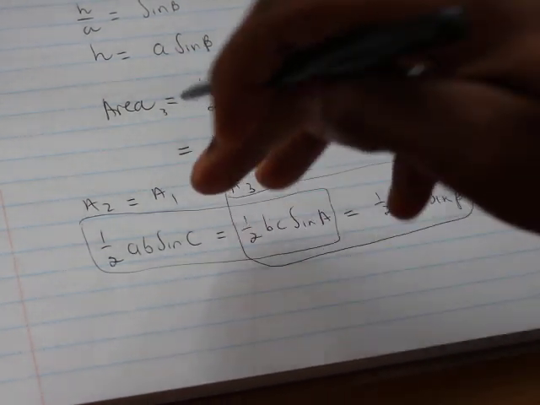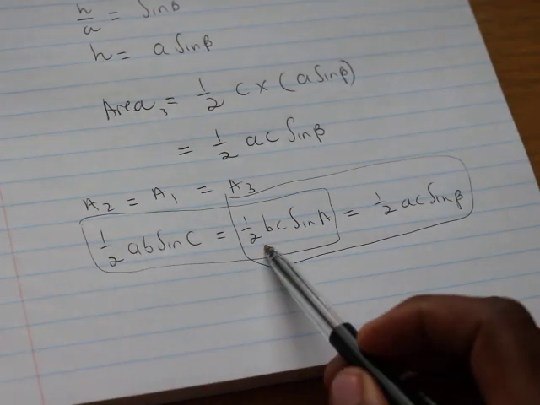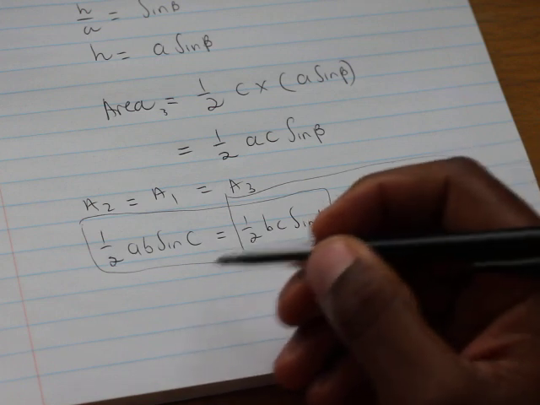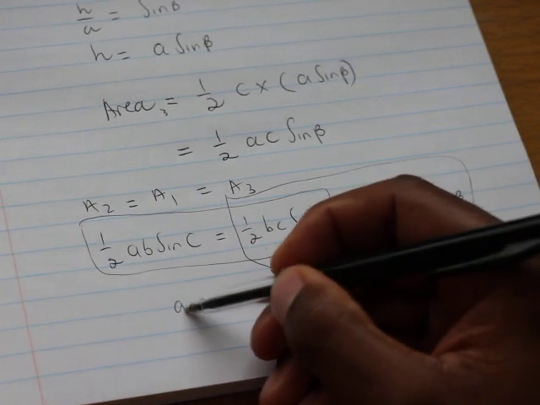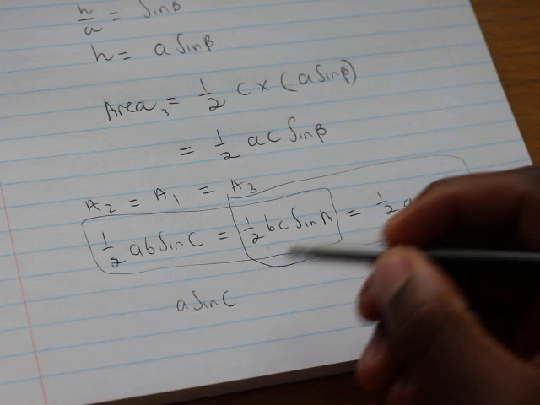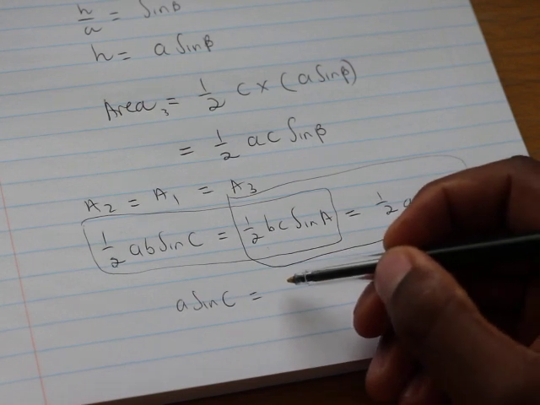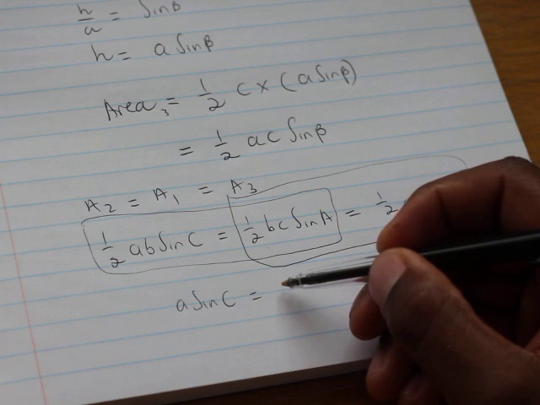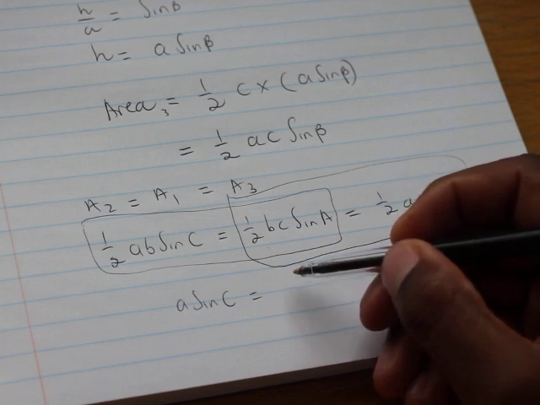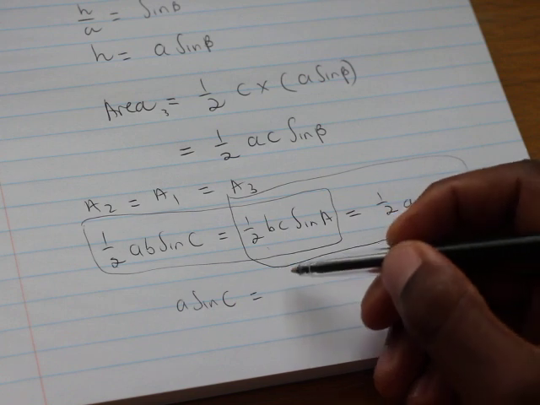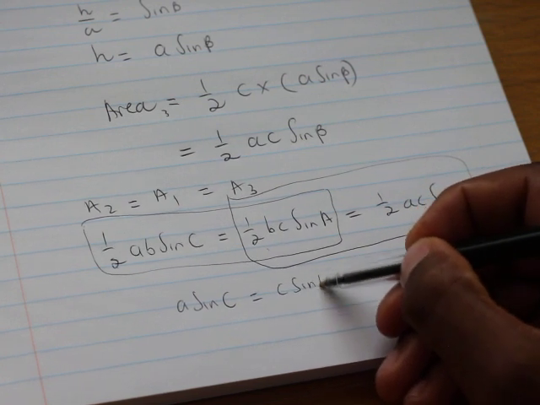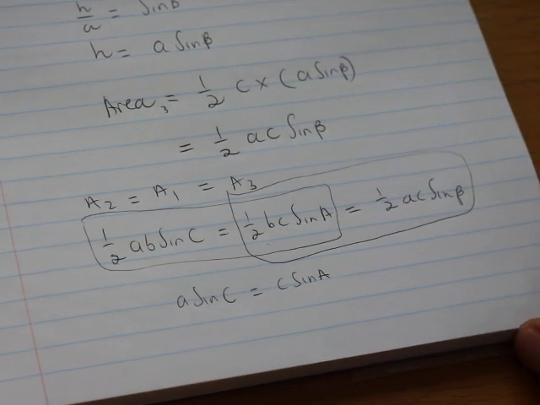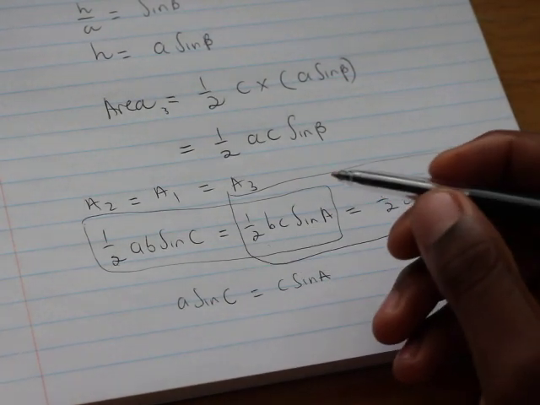With a focus on the first two, you will realize that 1 over 2 is common, b is also common, so if we cancel things out, we're left with a sine c is equal to c sine a.